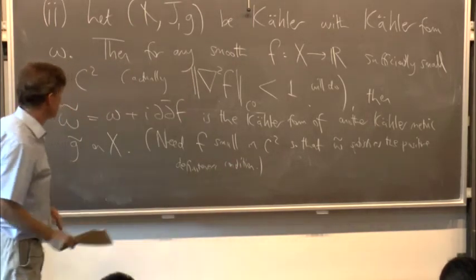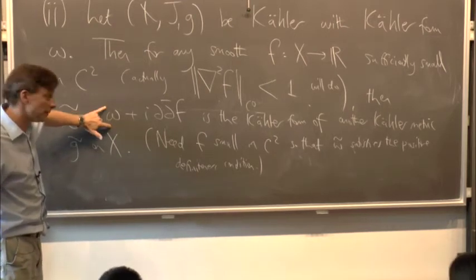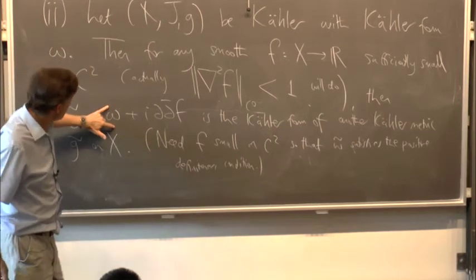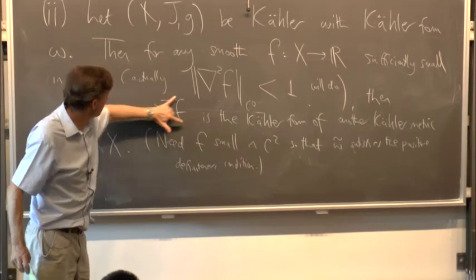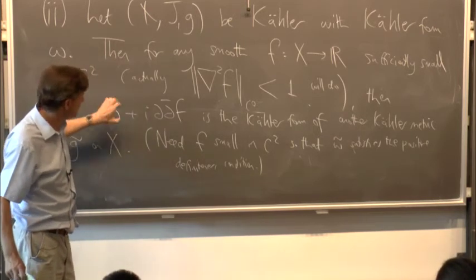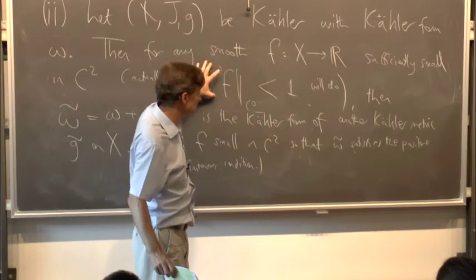So basically, if you think about these as kind of matrices, then with respect to g, which defines omega, omega has eigenvalues 1. And so as long as the eigenvalues of this thing are all strictly less than 1, when you add them up, you'll get positive eigenvalues for this thing. And this kind of condition is what you need to say all the eigenvalues are less than 1.